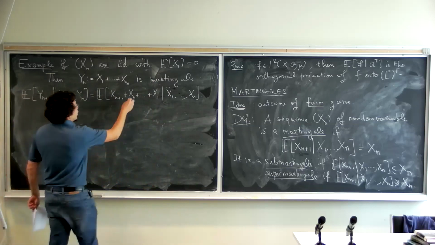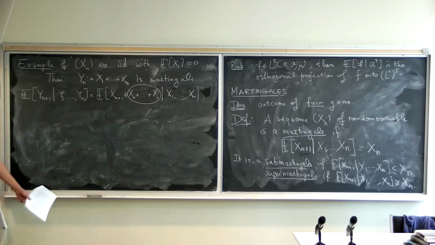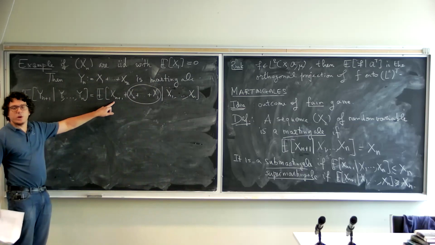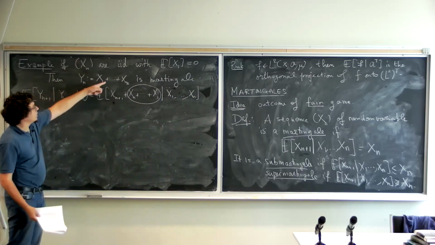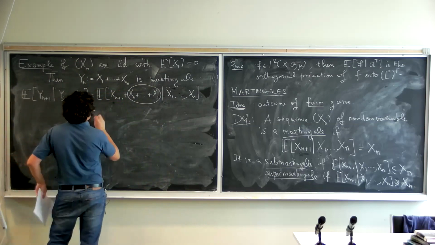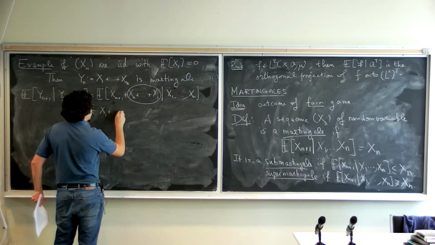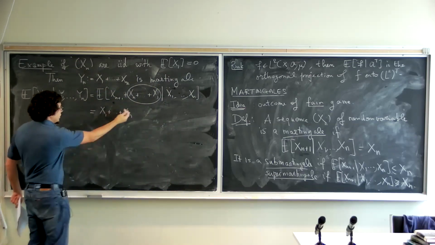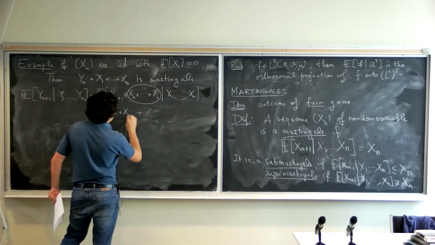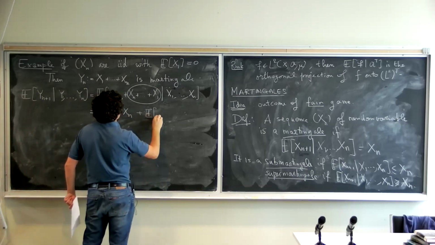So these cards are already on the table. There's no guessing involved. You just have to guess the next one. But the next one on average is going to give you 0. So this is x1 plus up to xn. These are already collapsed to a number. You don't have to do any average anymore.